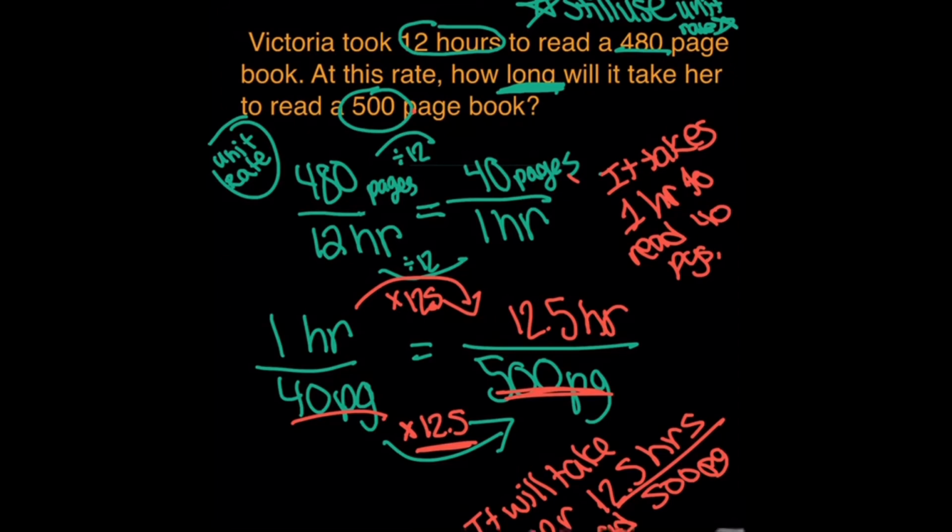Now, what I want to review next is, do I always need to use the help of unit rate? What I mean by this is, let's say I purchased 6 lemons for, I don't know, like $3.